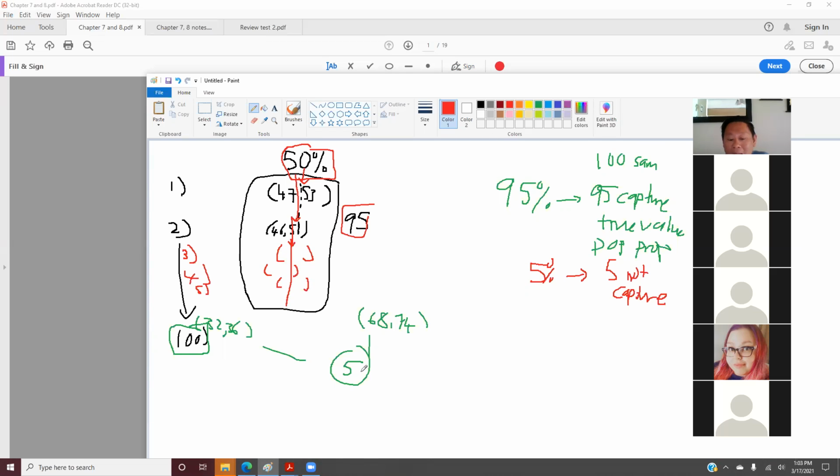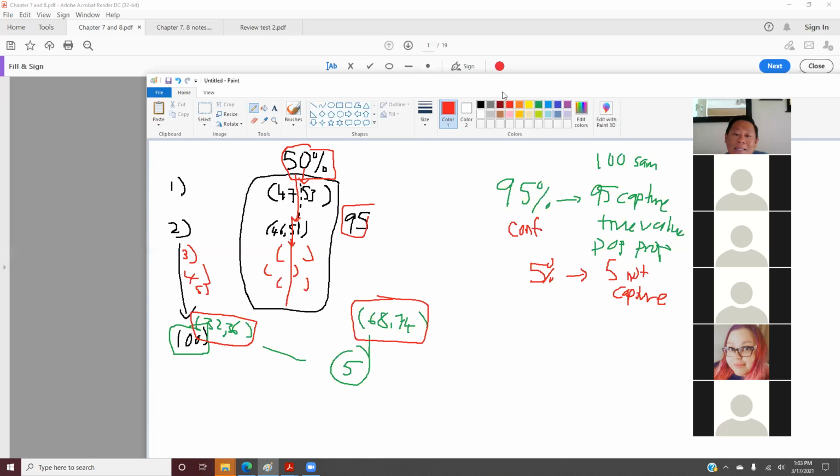However, 5 of them will not capture it, meaning the number is either above or below 50. You know what I'm saying, Cecilia? So that's the meaning when I say 95% confident: out of 100 samples, 95 of them will capture this 50%. Only 5 of them will not.